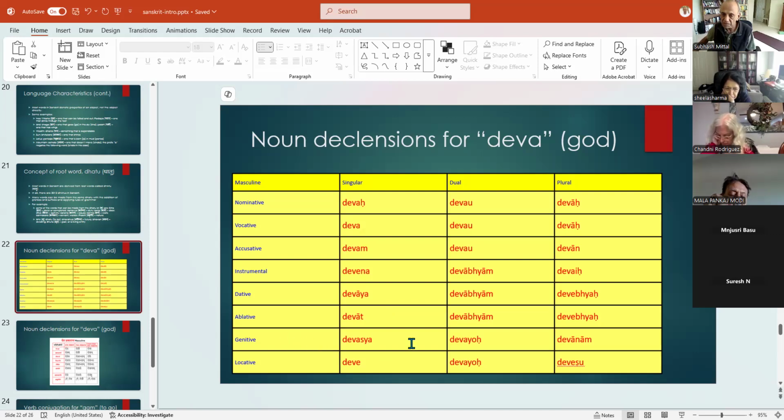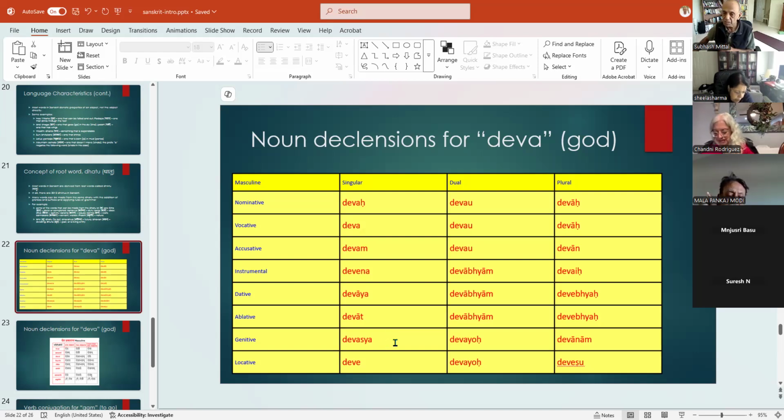Same thing, genitive devasya. So repeat after me. Devasya, devayoho, devanam. This is something that belongs to somebody. If I say this is Dev's book, I'll have to say idam devasya pustakam. Devasya means of Deva. In English, apostrophe S, Dev's book.